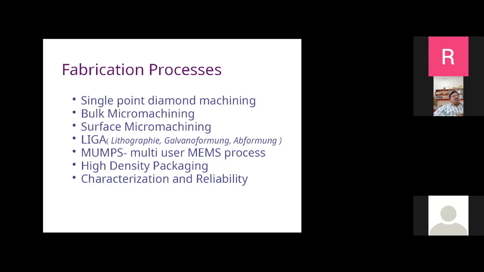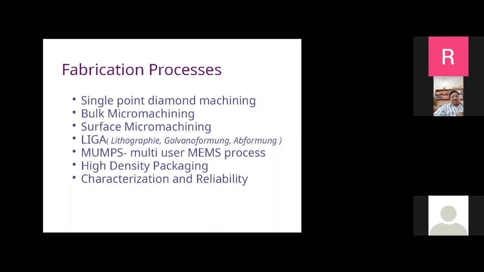Of course, jewelry making also has now become lithography, and you can machine faster, more quickly and more accurately. But single point diamond machining is one of the techniques for engraving. You can remove material, even from silicon. Of course, silicon is a harder material compared to gold and other materials.